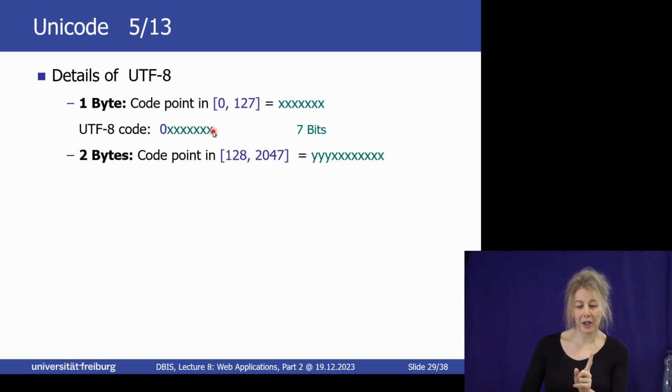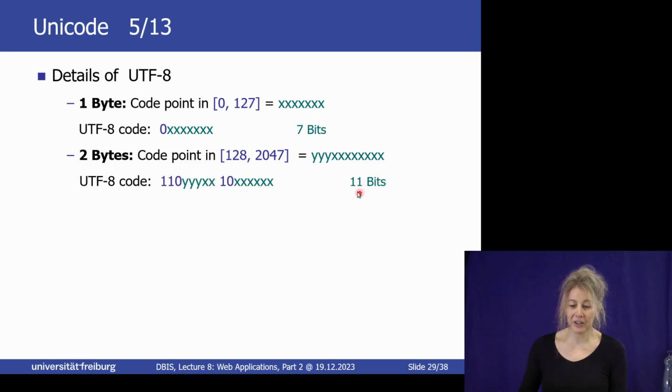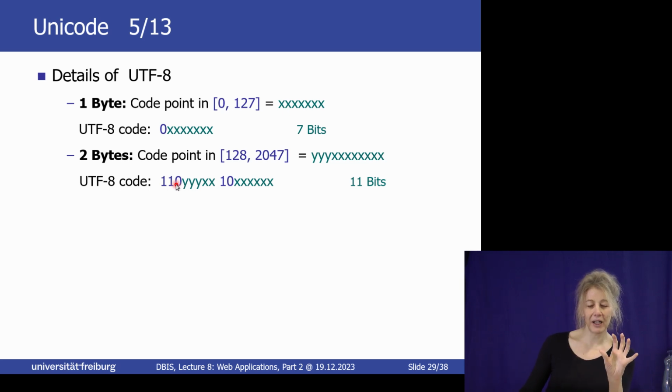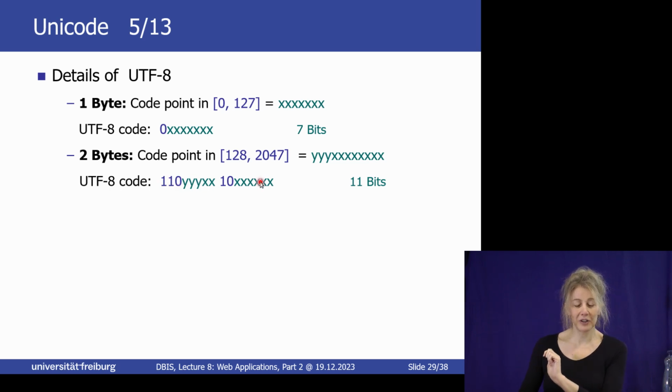If you have 2 bytes, which means your code point fits into 11 bits, then you just encode it like this. So you just reserve some bits here in each byte to say, what am I? So this says 110, by just looking at the first byte, 110 means I'm the first byte of a 2-byte UTF-8 sequence. And just the number of ones here tell you how many bytes.